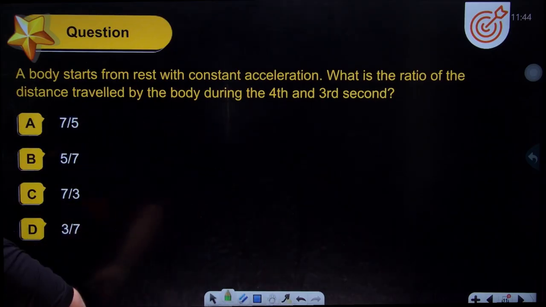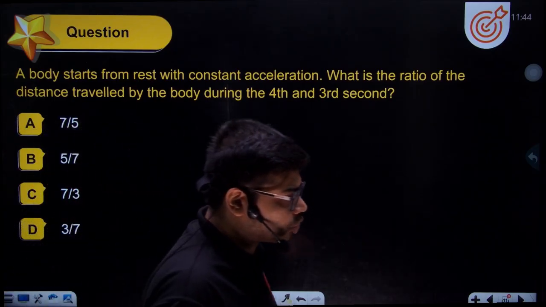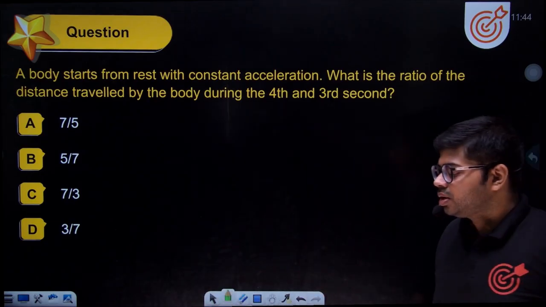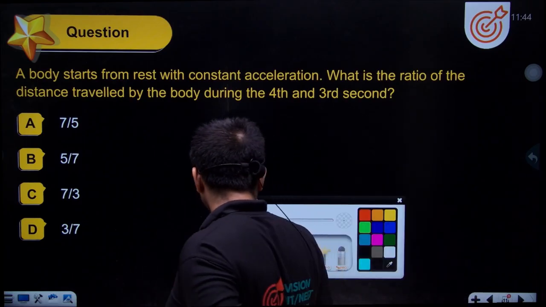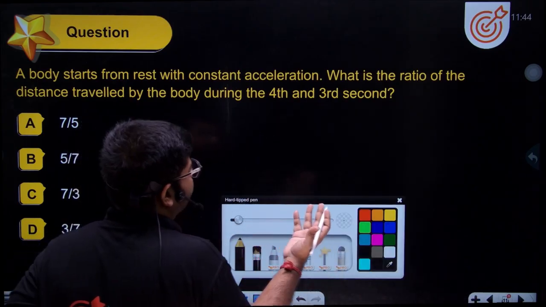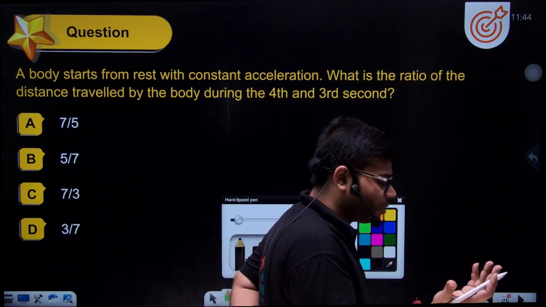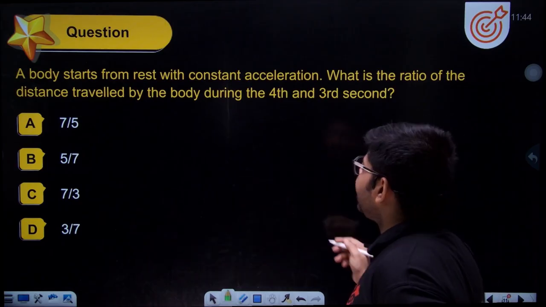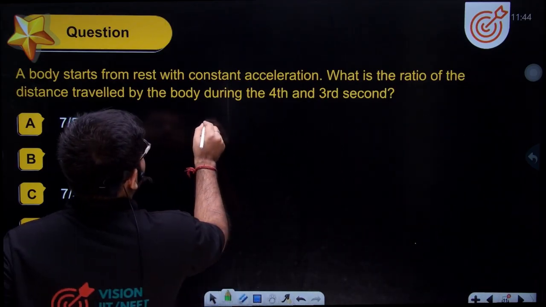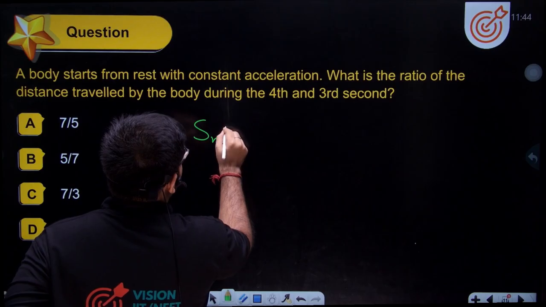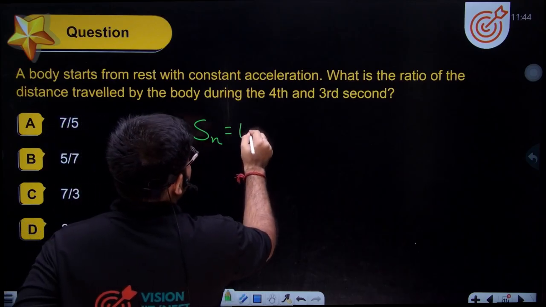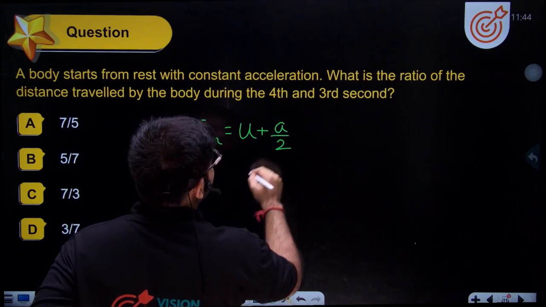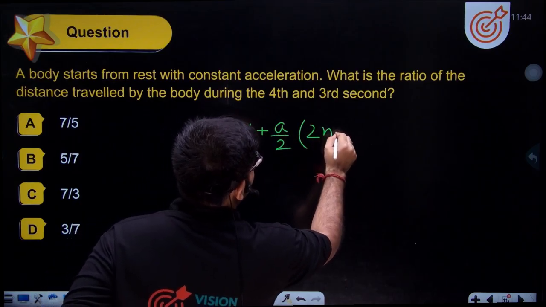Okay. So here, for your examination purpose, I would like to give you a formula. You can anyway solve it by equations, it is coming from the equations of motion only. But remember that nth second displacement Sn is equal to u plus a/2 into (2n minus 1).